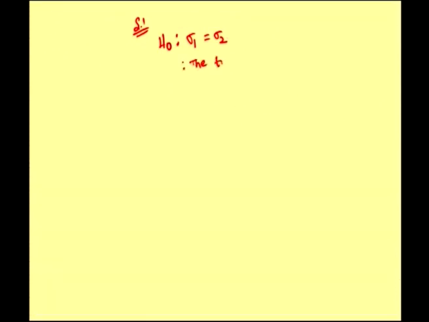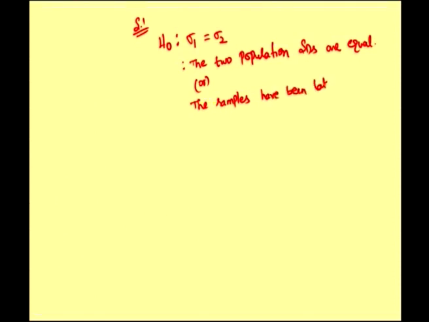That is, the 2 population standard deviations are equal, or according to the question we may say that the samples have been taken from populations with the same SDs. This is what you have been asked to verify.